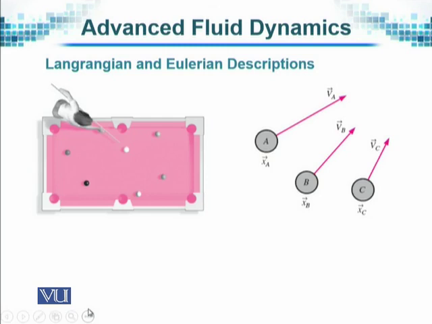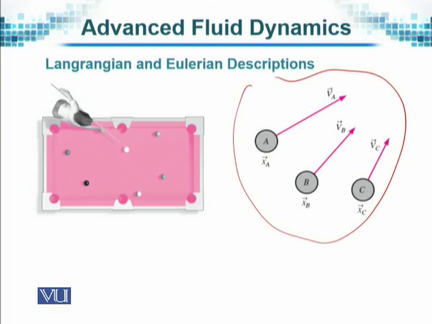Here also, if in a certain mass or volume of fluid we take three arbitrary material particles represented by A, B, and C, then at a given time their velocities are represented, the velocity of particle A by V_A, the velocity of B by V_B, and so on.